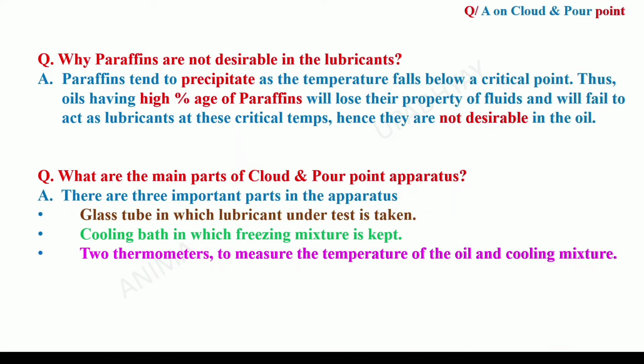Why are paraffins not desirable in lubricants? Paraffins tend to precipitate as the temperature falls below a critical point. Thus, the oils having a high percentage of paraffins will lose their property as fluids and will fail to act as lubricants at these critical temperatures.